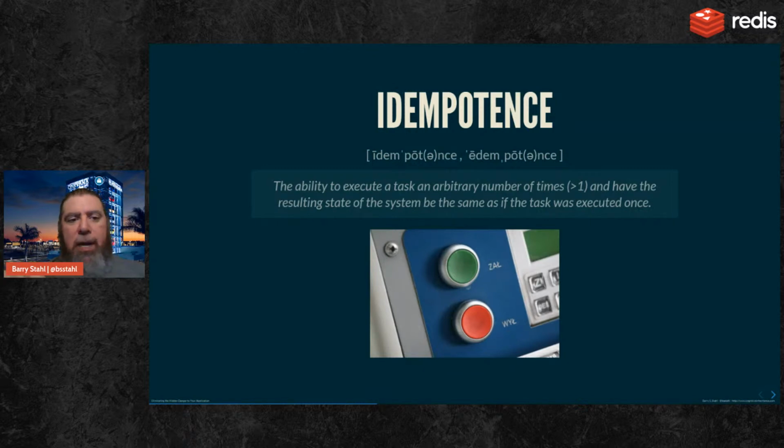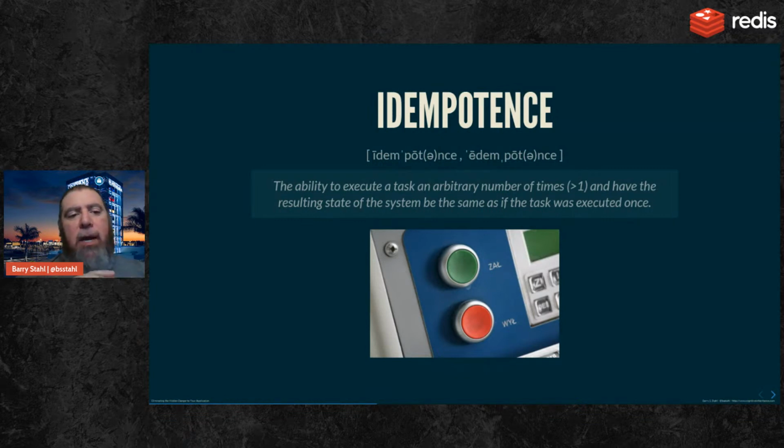If you hit that green start button the first time and the train's not running, it's going to start the train up. You hit it again, nothing's going to happen. The train is going to remain in a started state. So that button is an idempotent operation because you can hit it as many times as you want and it's the same as hitting it once.